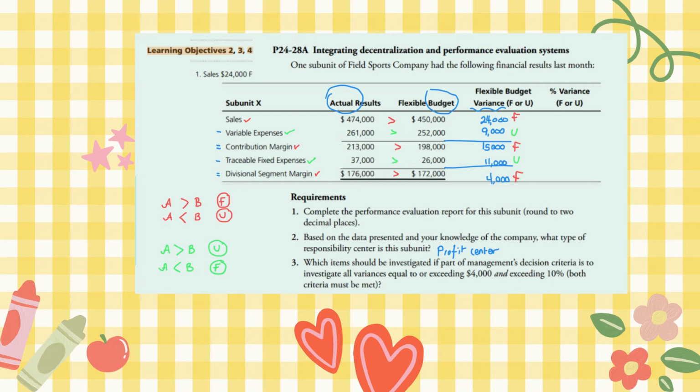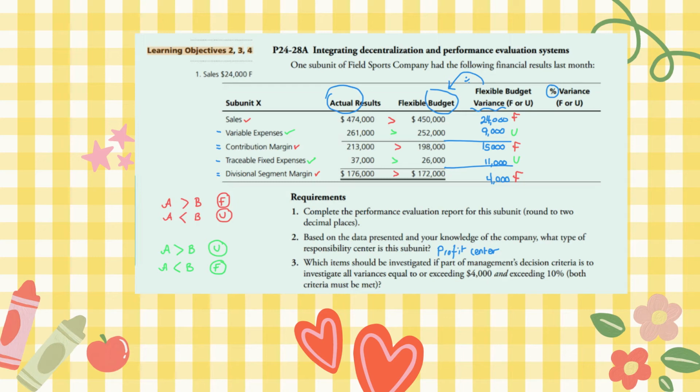Now to get the percent variance, I need to divide the variance by the budgeted amount. So for the first one, I'm gonna divide 24,000 by 450,000, and I'm gonna do the same for each item. So 24,000 divided by 450, then multiply it with 100 because it's a percent.